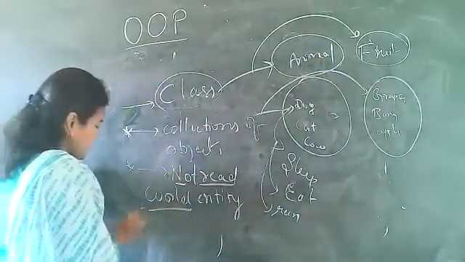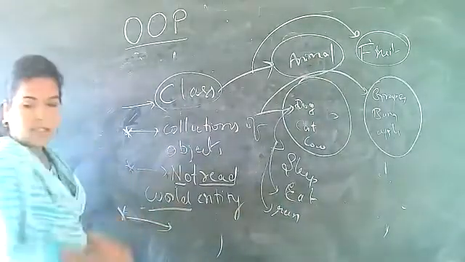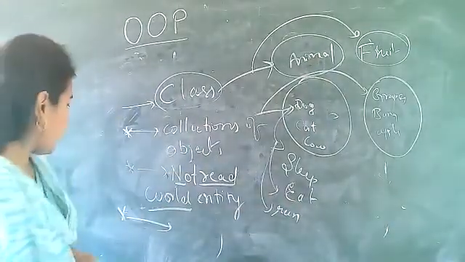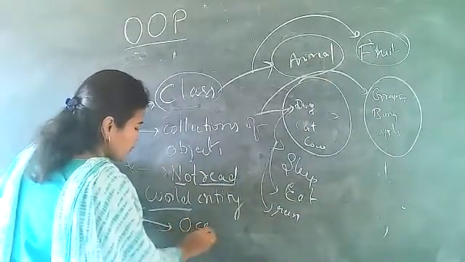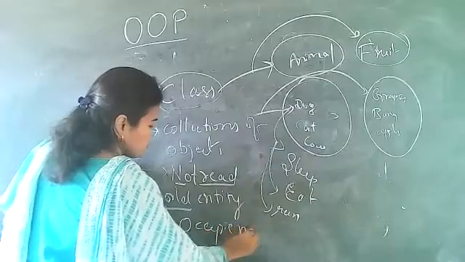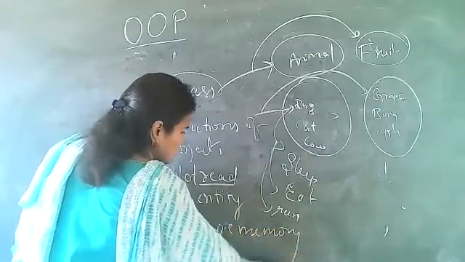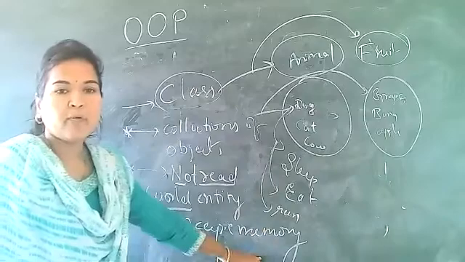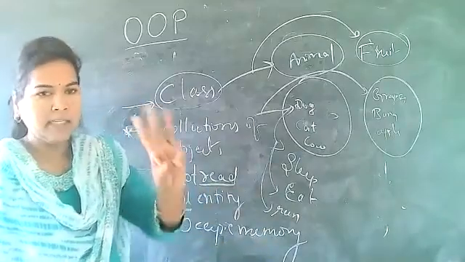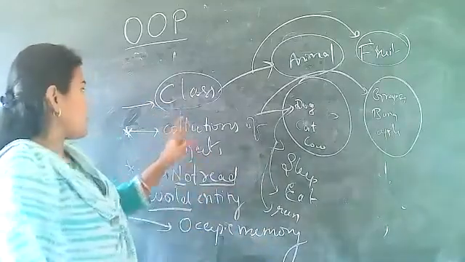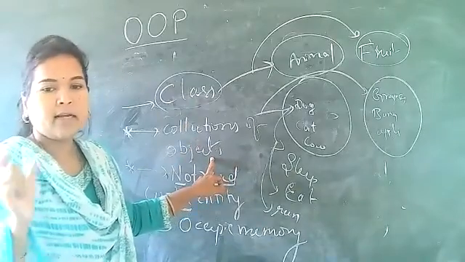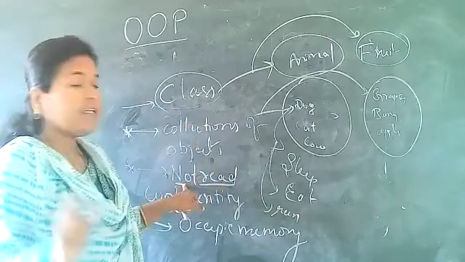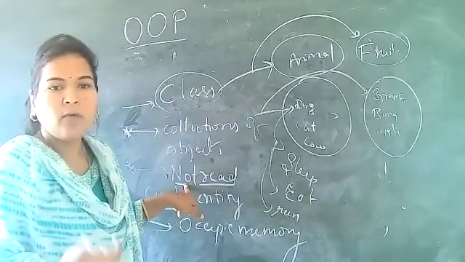So next thing is that it will not occupy the memory, right? It will not occupy the memory. That is the next thing. The fifth point you have to remember: class is the collection of objects, and it is not a real world entity.